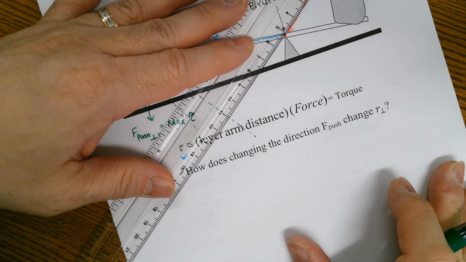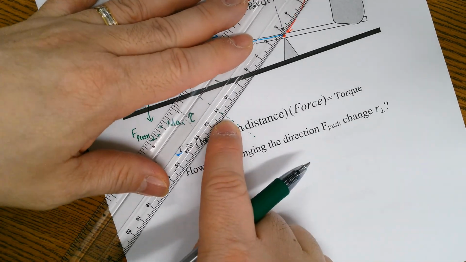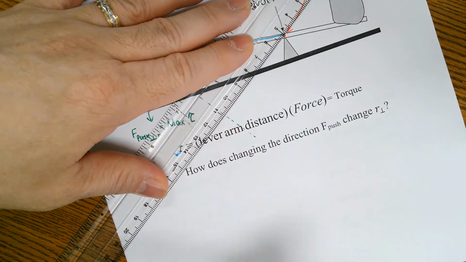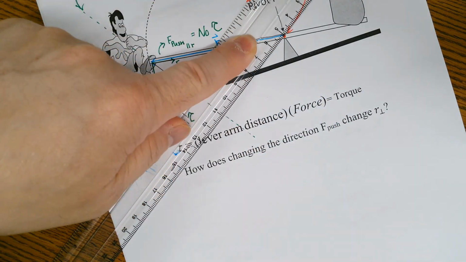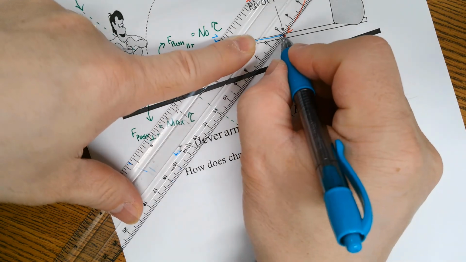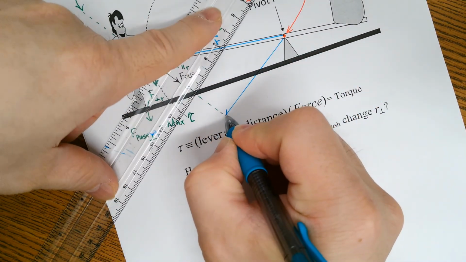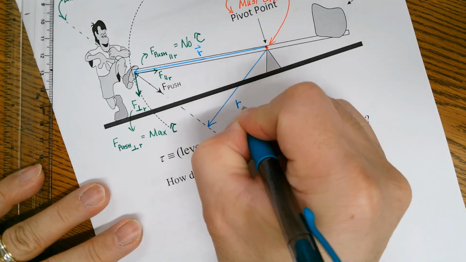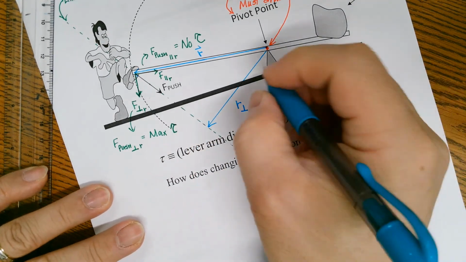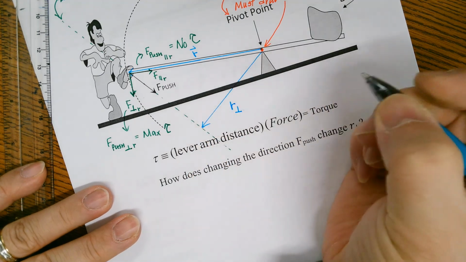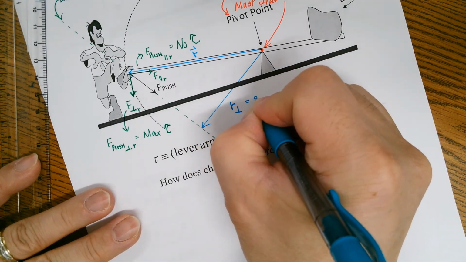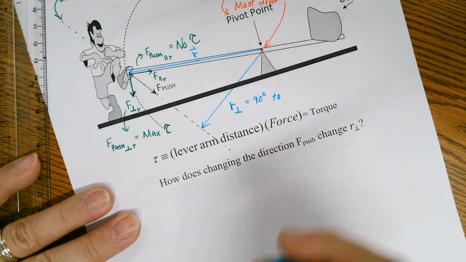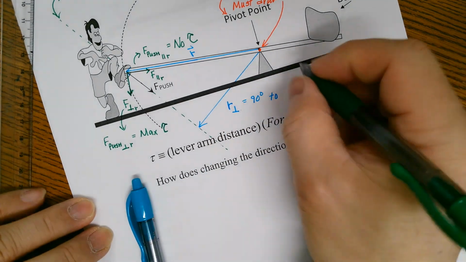The radial distance that is perpendicular to this line of action, this would be R perpendicular, which is 90 degrees to the line of action, okay?